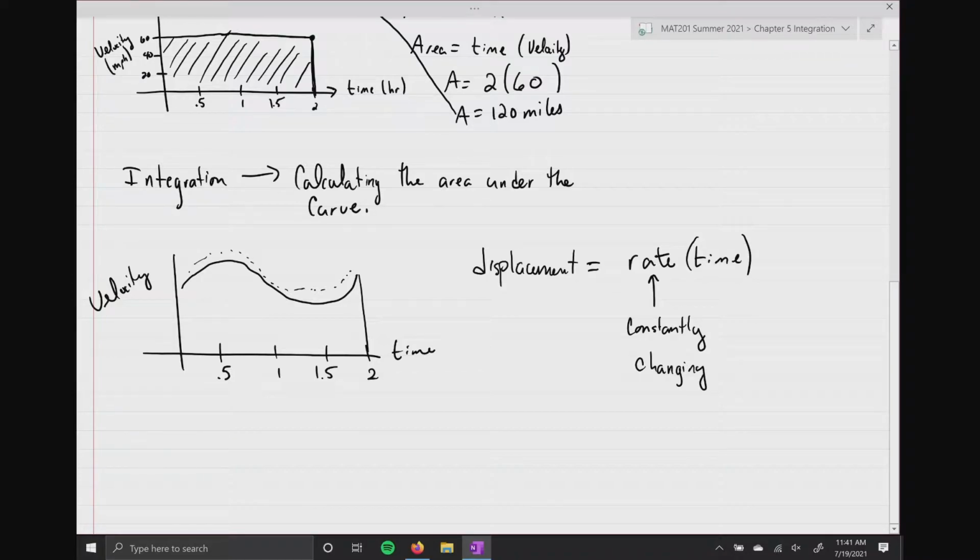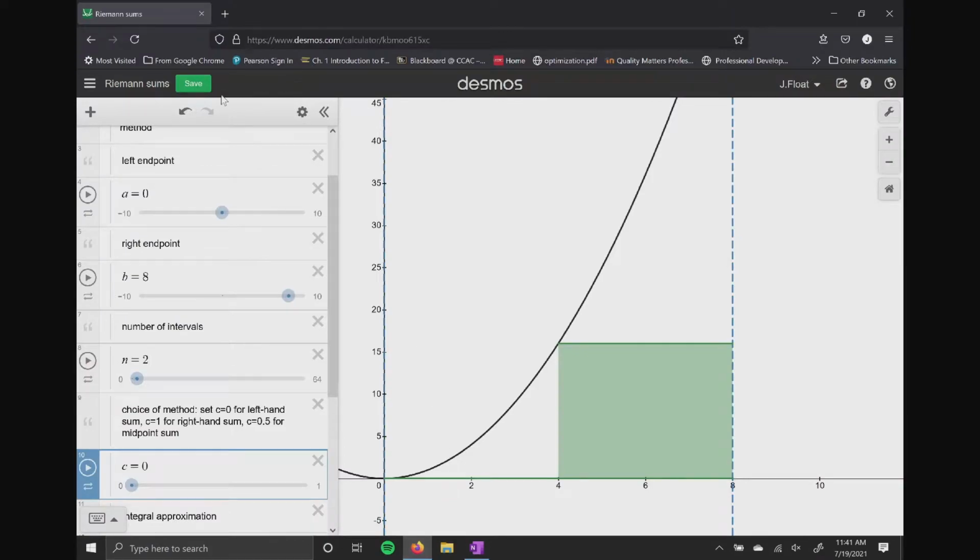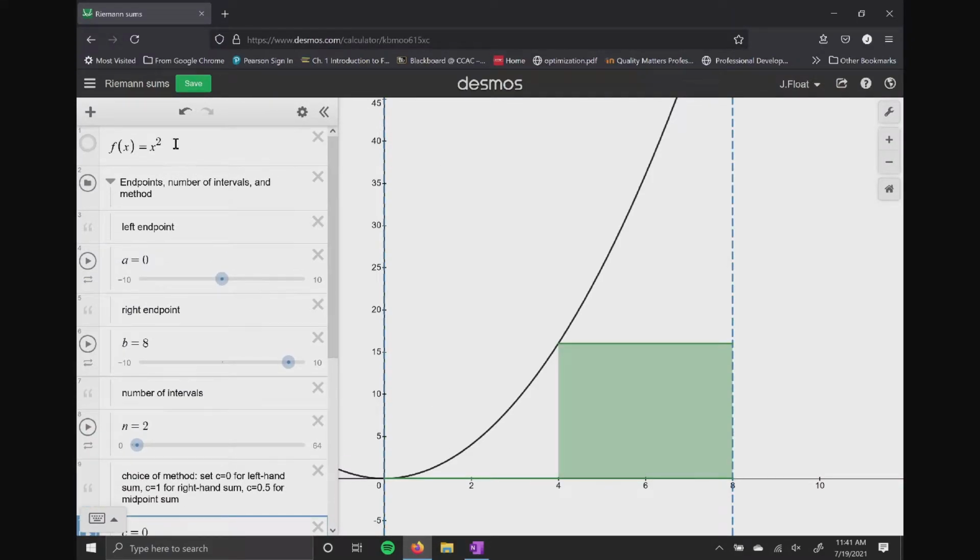Okay. So what I've done is I have an example here. It's a really easy looking example. And this is the function x to the second power. And notice what I have underneath this curve is a rectangle. Now, the reason why I have a rectangle is because I know the area of a rectangle.